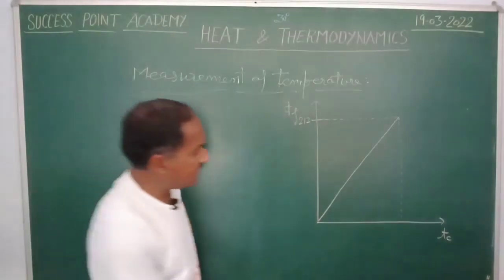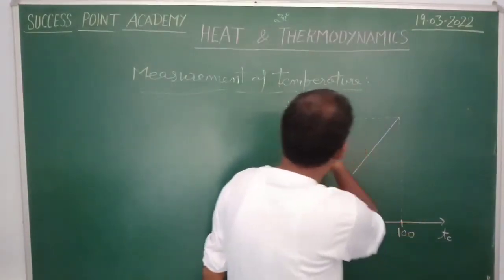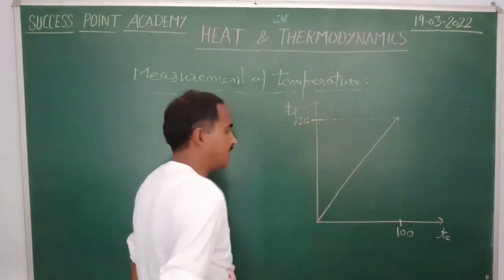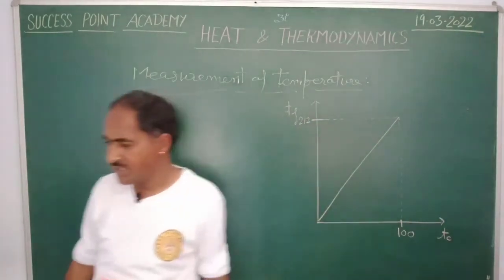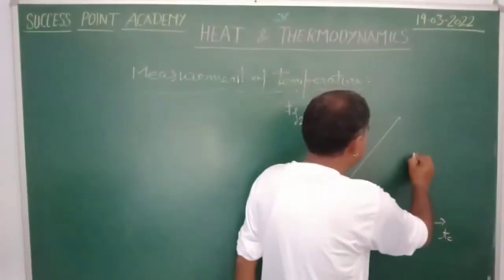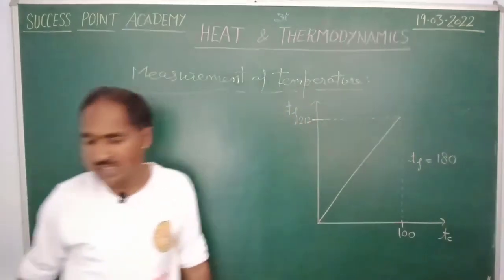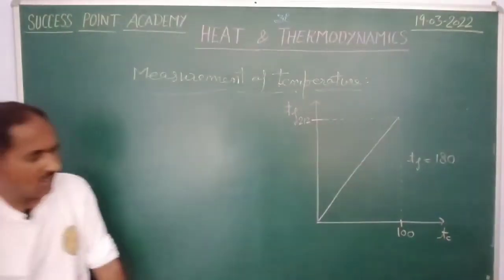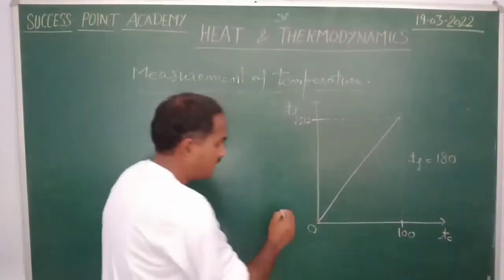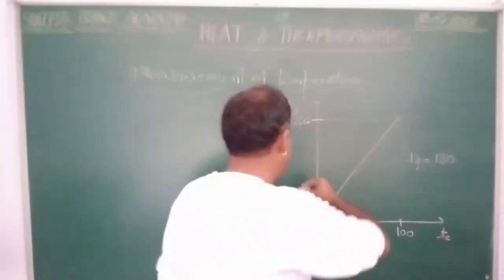So 100 divisions of temperature on the Celsius scale come here and 212 comes here. This is the graphical representation of the relationship between both. You can write it here as, let it be 0, temperature in Fahrenheit and temperature in degree Celsius.